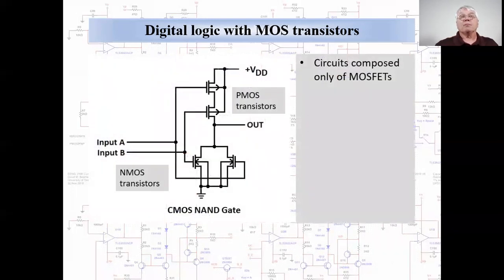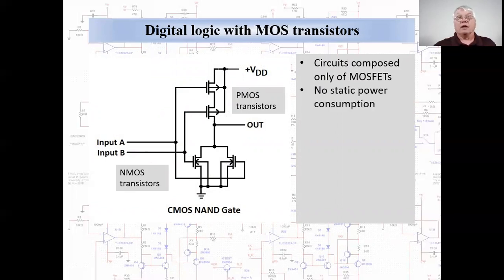An equivalent 2-input NAND gate implemented with NMOS and PMOS transistors is shown here. The designation PMOS or NMOS depends upon the details of the construction of these devices. Note that only MOSFETs are used, no resistors. This type of logic using both PMOS and NMOS transistors is called complementary symmetry MOS logic, or CMOS.